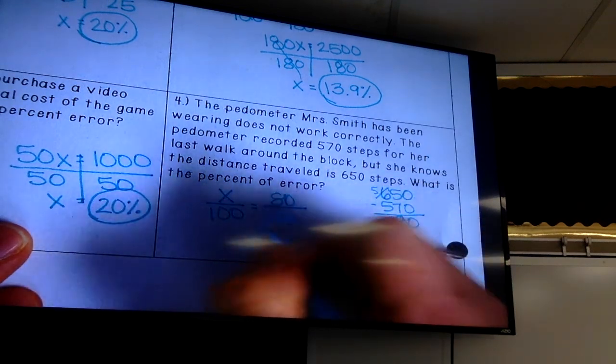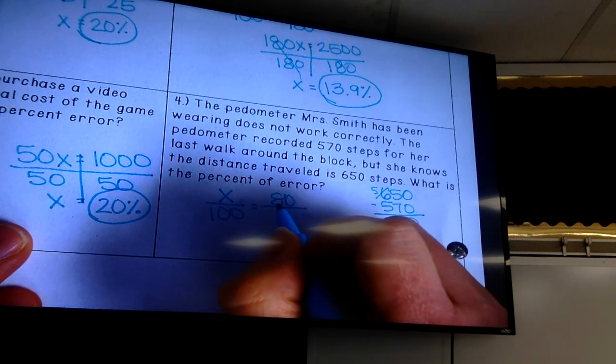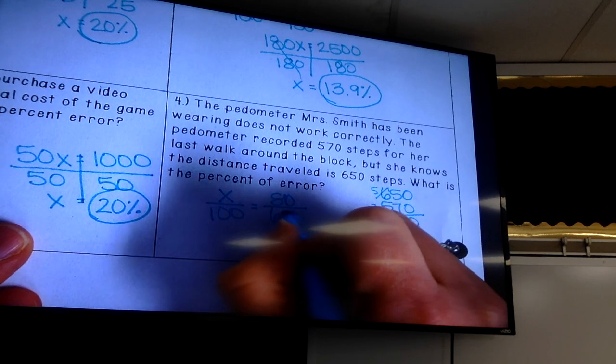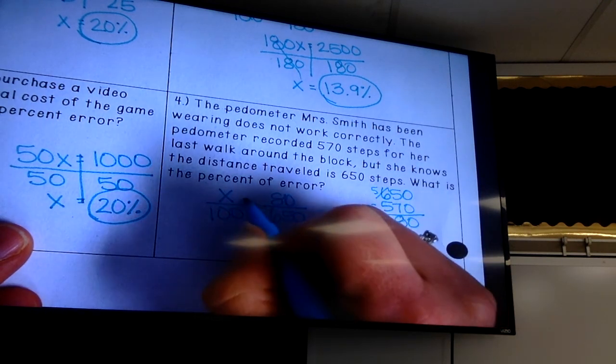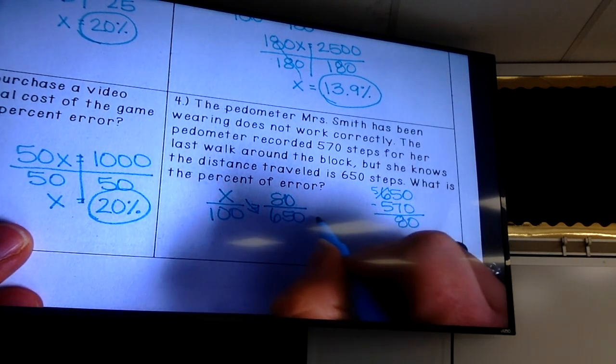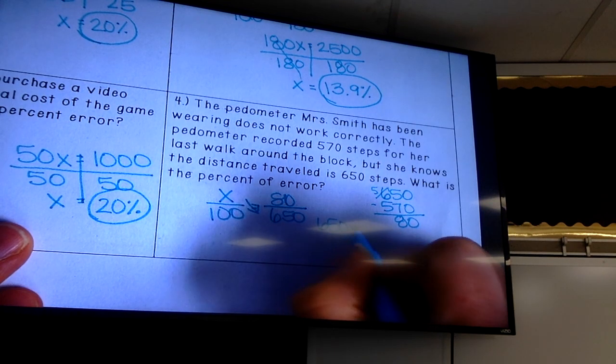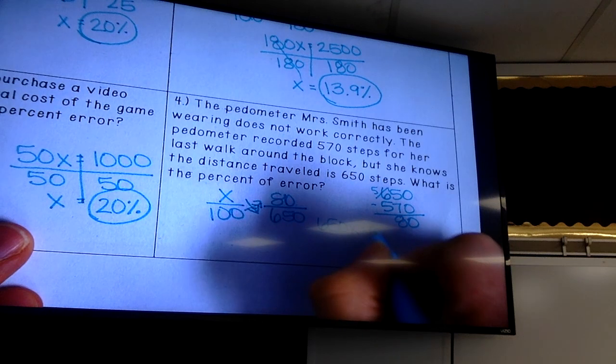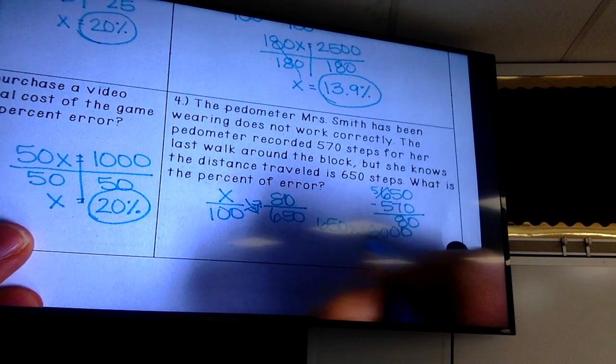Okay. Remember, the bottom is the exact amount. How much did she exactly step? We know she traveled 650 because she counted. So that's what would go on the bottom. So I'm going to say x times 650 is 650x. 100 times 80 is 8,000.